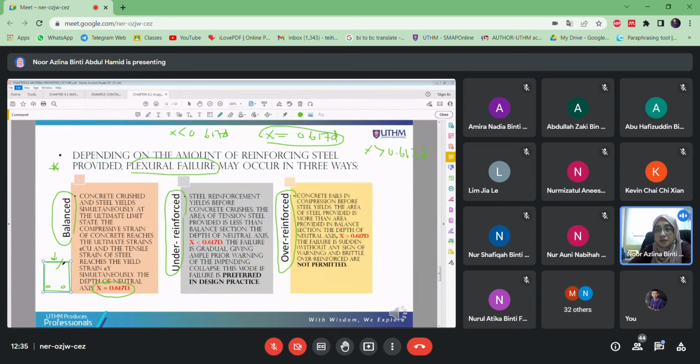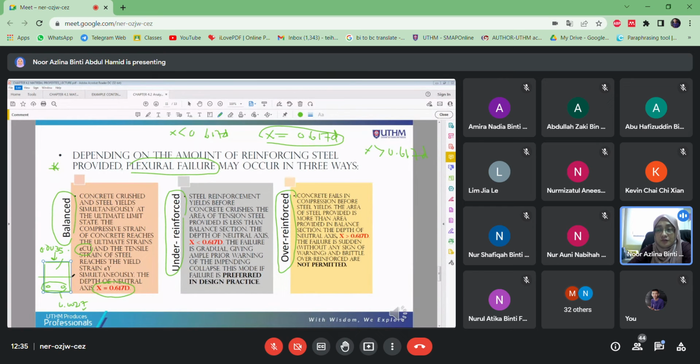What is the strain limit for the concrete? It is 0.0035. Then the steel also achieves its strength limit. For the steel, it is 0.00217. The concrete was 0.0035. We have repeated this many times: strain for concrete, strain for steel.